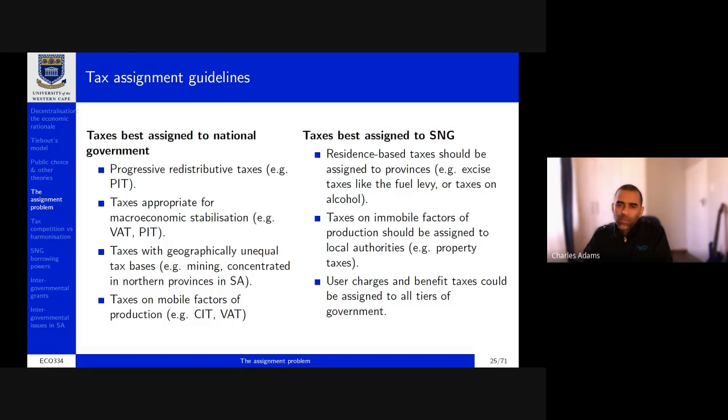And again, this is a very good example of preference revelation. Some provinces can have vastly different policies and tax rates when it comes to alcohol, right? Some people can be more liberal in this regard.